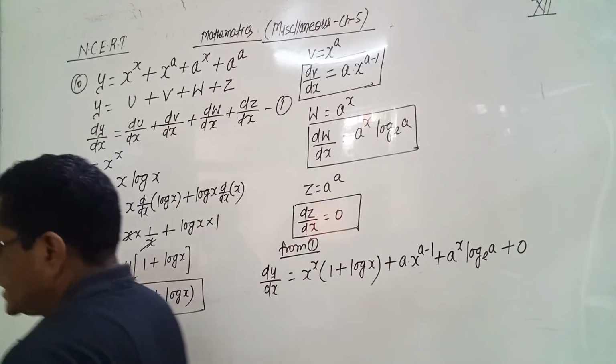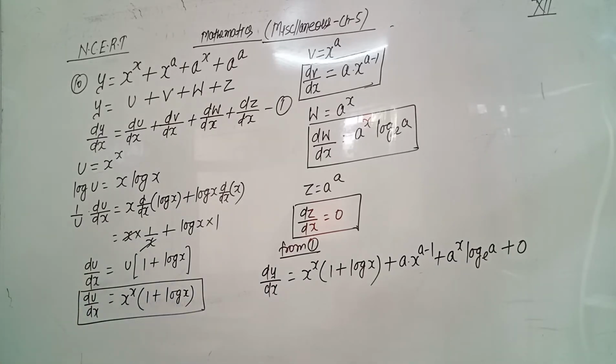So this is the final result: x raised to the power x into 1 plus log x, plus a into x raised to the power a minus 1, plus a raised to the power x log base e.